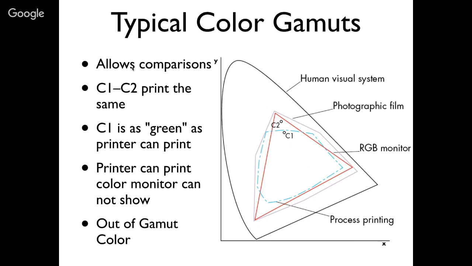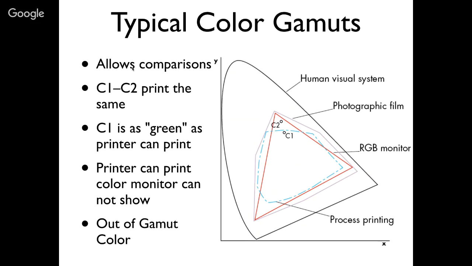The red line in right here would be a typical RGB monitor, albeit a shitty one. The little dotted cyan line in here would be the typical thing that you would get out of a CMYK press. So all that this is allowing us to do is compare what we can see to what a monitor can show us to what a printer can actually print.